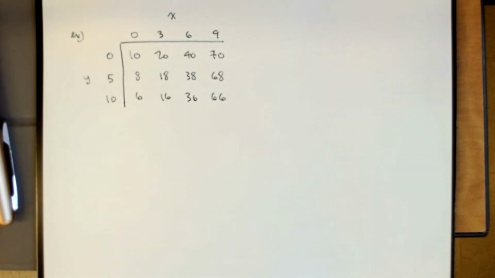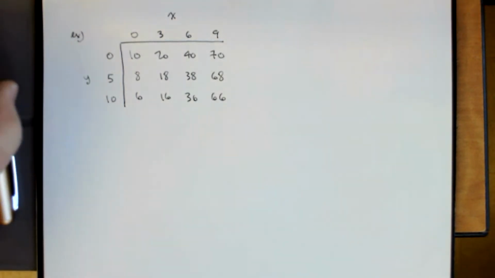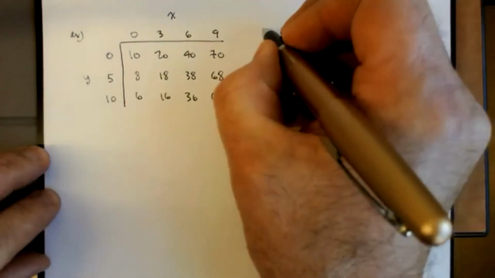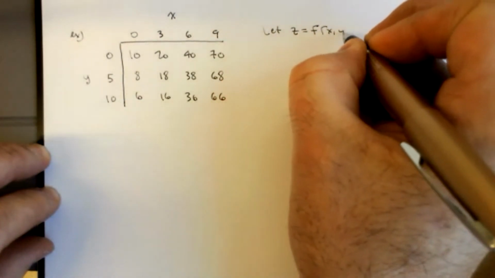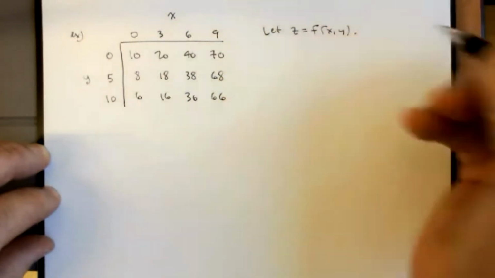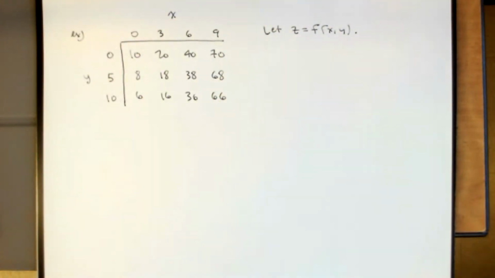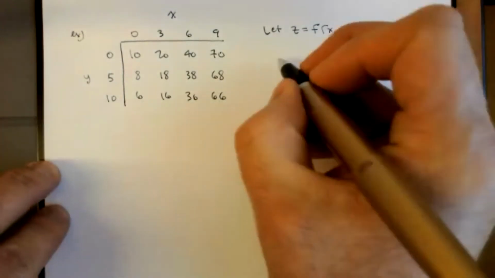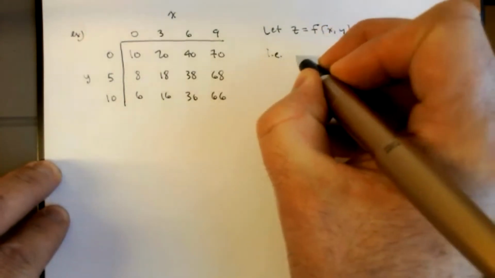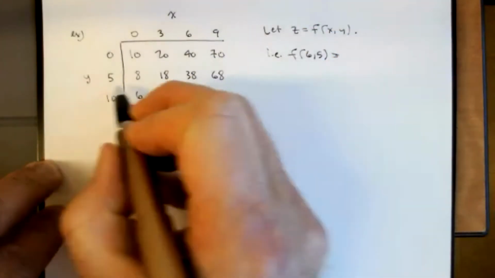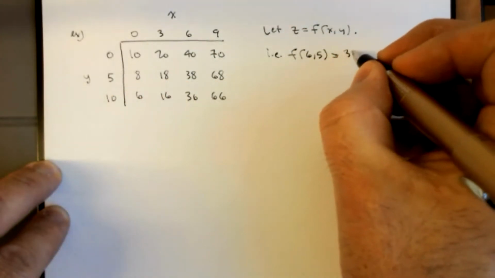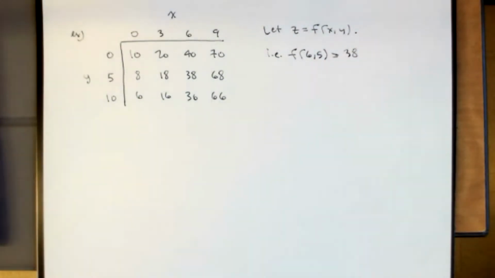So here are our values of f of x, y. In this table, if I wanted to calculate, say, f of 6, 5, when x is 6 and y is 5, z is 38. That's how we're reading what's going on.